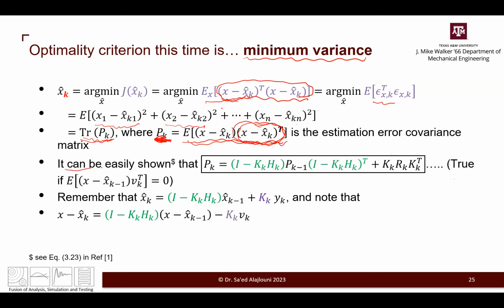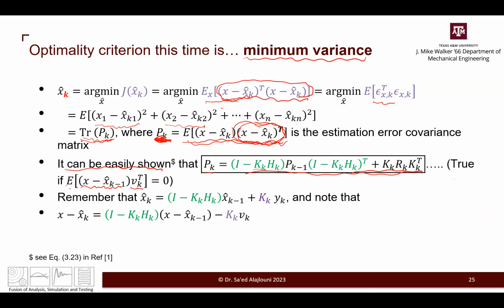So now it can be easily shown that the covariance matrix takes this expression. And this expression holds true only if the estimation error at the k minus 1 sample and the noise V are uncorrelated.